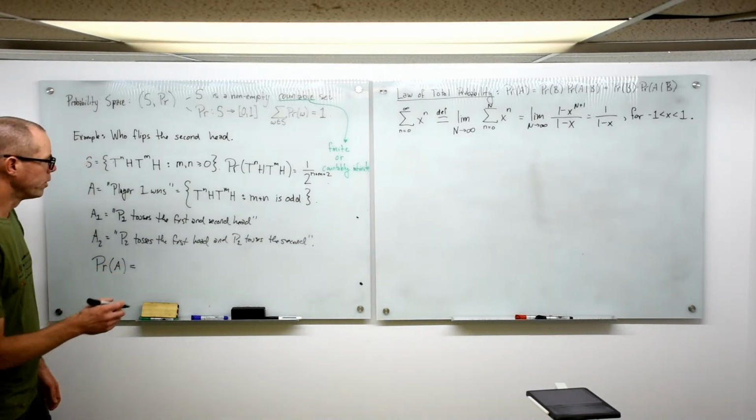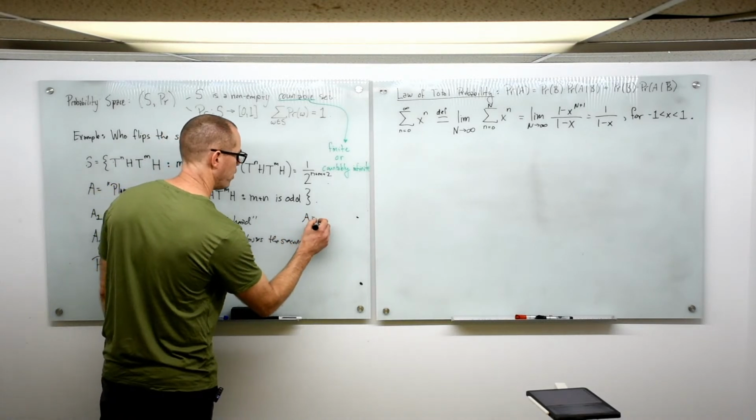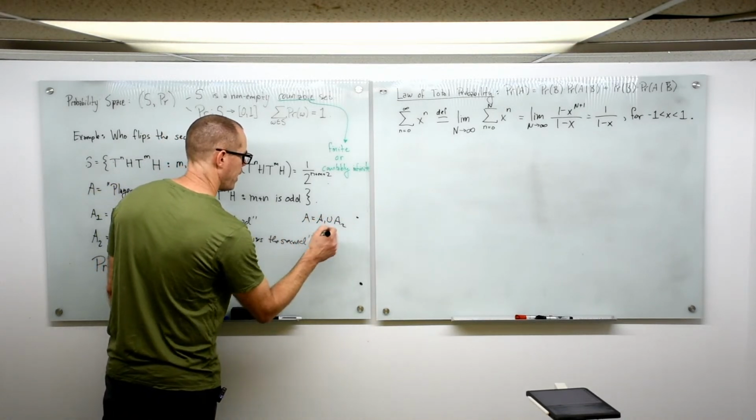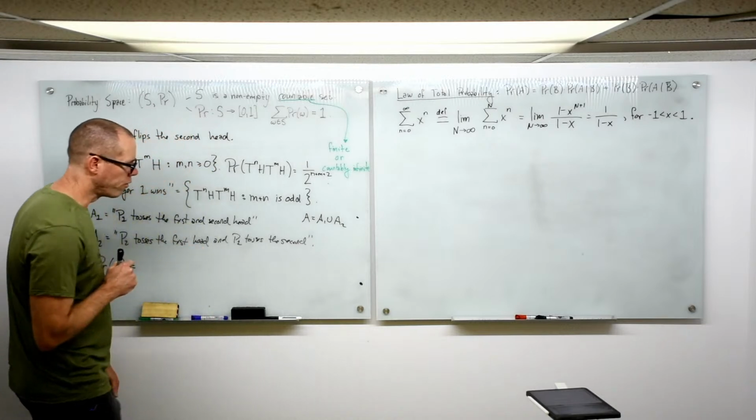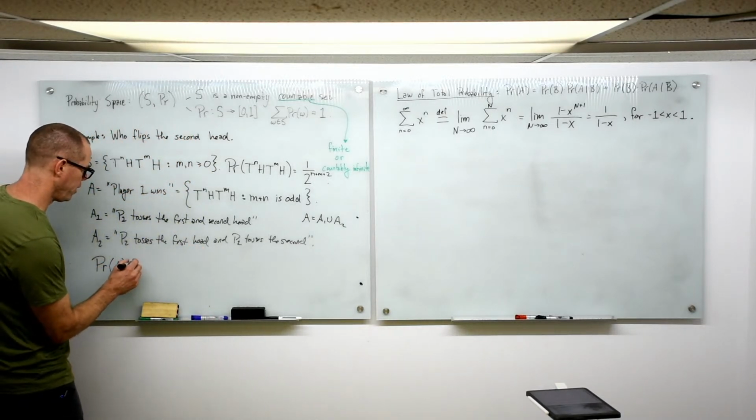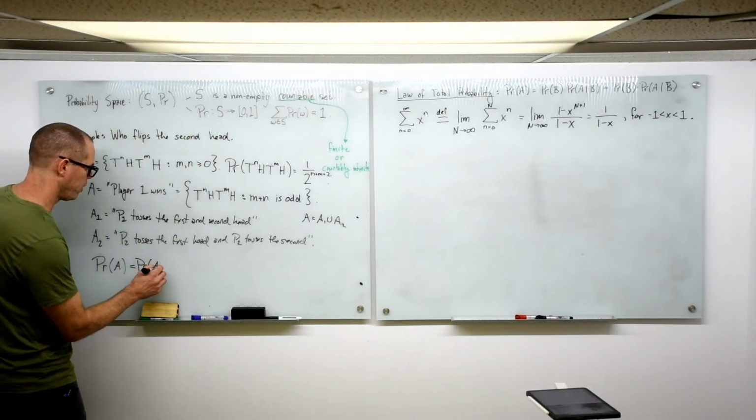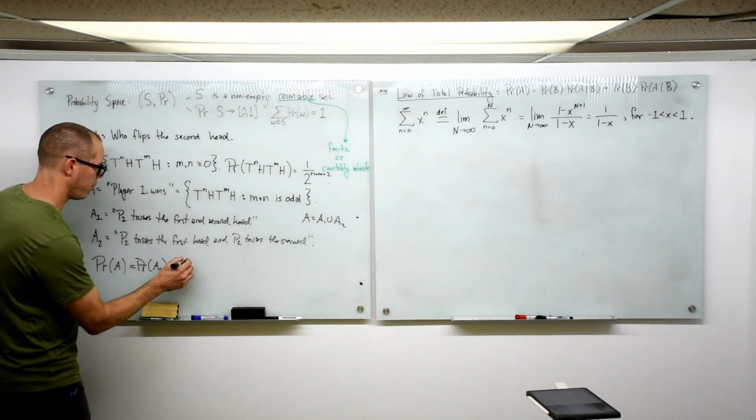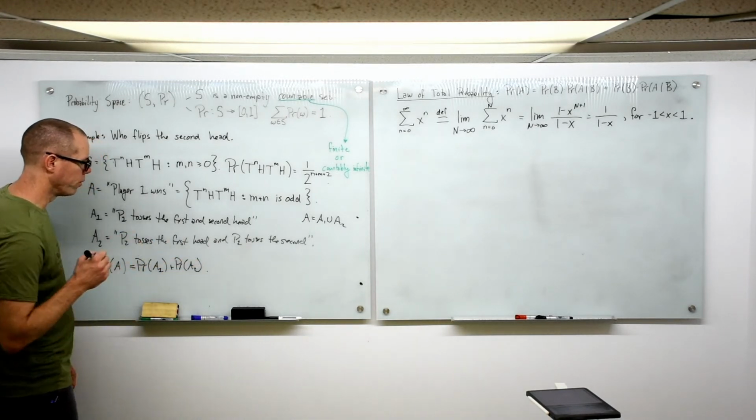So A is equal to A1 union A2. These things are disjoint, and therefore the sum rule tells us that the probability of A is equal to the probability of A1 plus the probability of A2.